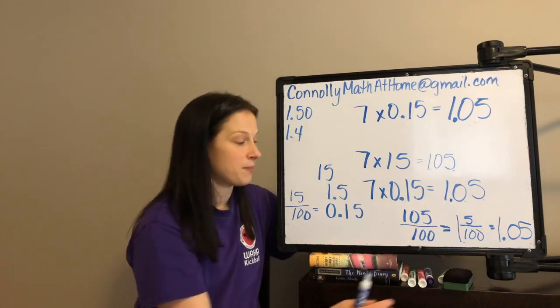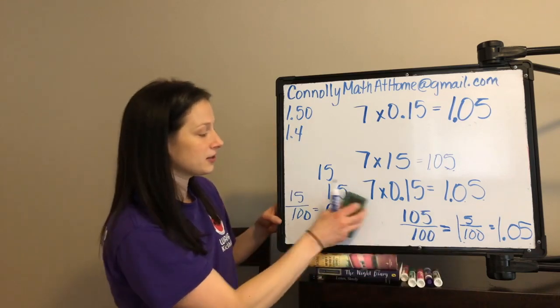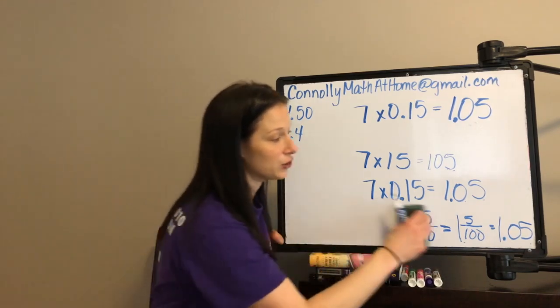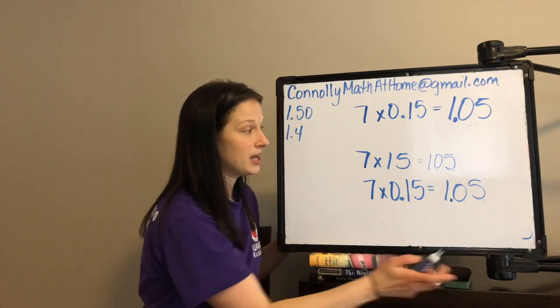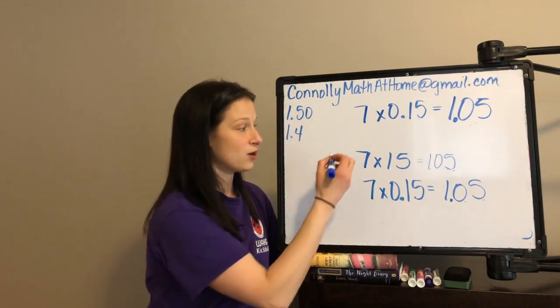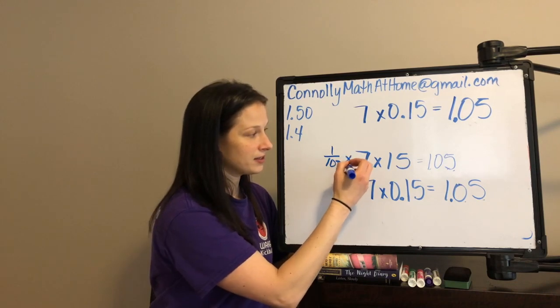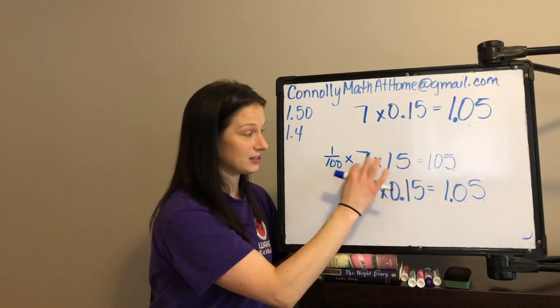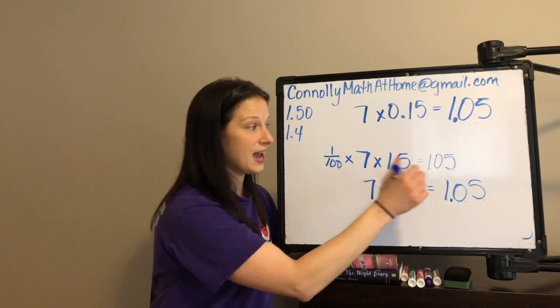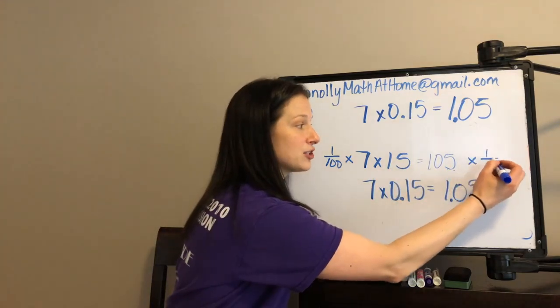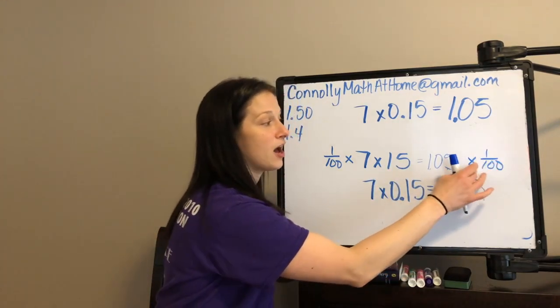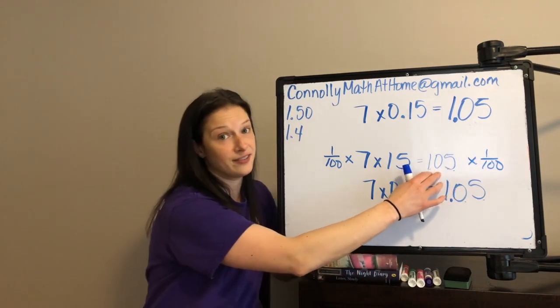When we're dividing by 100, another thing that you're going to hear and be thinking about is if I take 1/100th of this side, because I took 1/100th of 15, I also have to do 1/100th of 105.